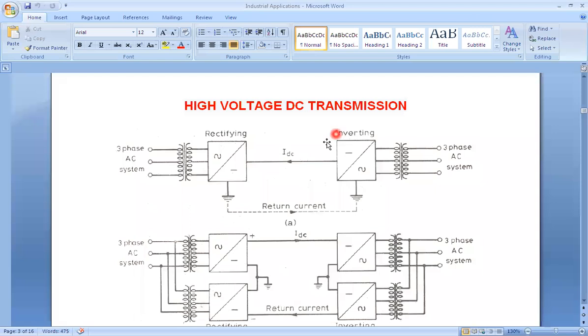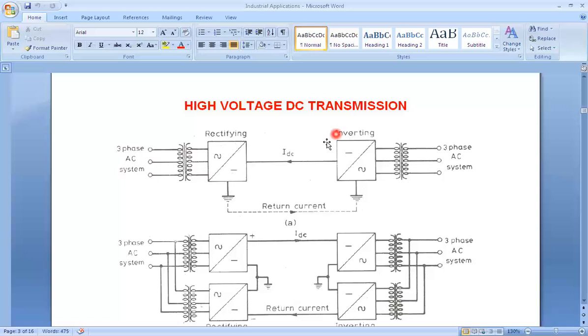But the disadvantage of HVDC transmission line is we need converting and inverting equipment like converters and inverters. So for a lower power supply system over a shorter distance, this is not feasible, it is very costly. But for large power transmission over a long distance, HVDC turns out to be economical.